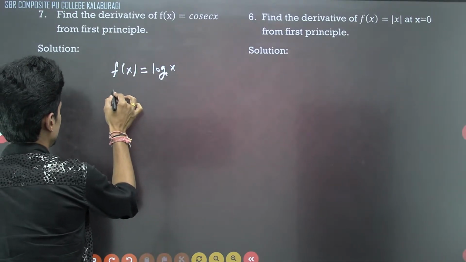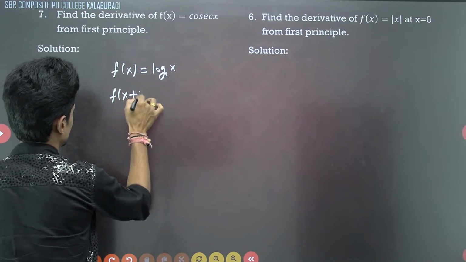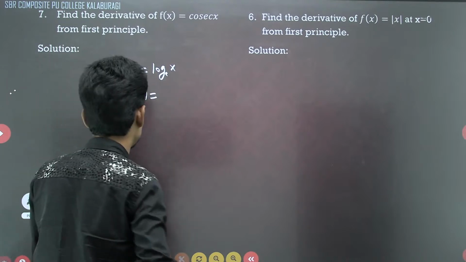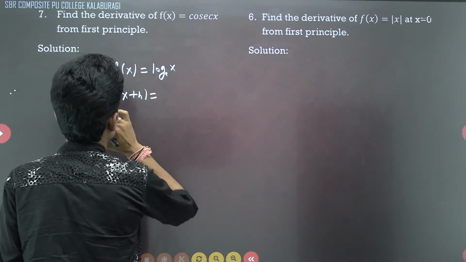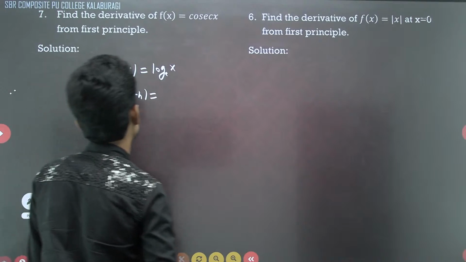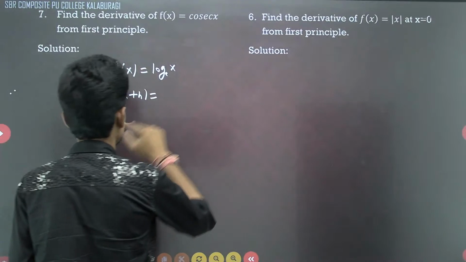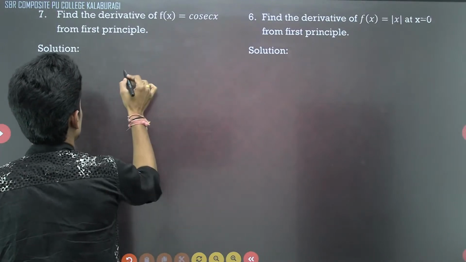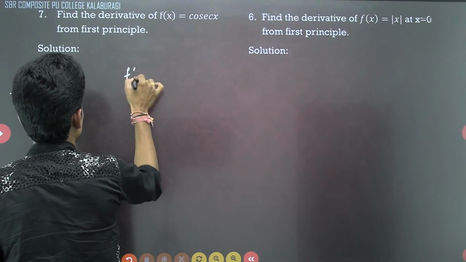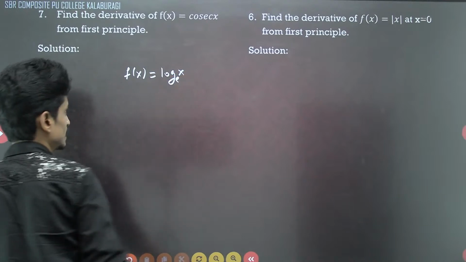Now f of x plus h, how much will we get here? That is e power h, or otherwise we can write it another way. This one I'll show for you. F of x is equal to log of x to the base e, right?